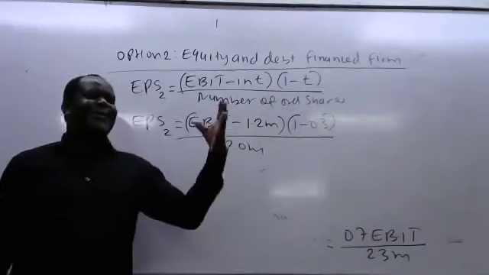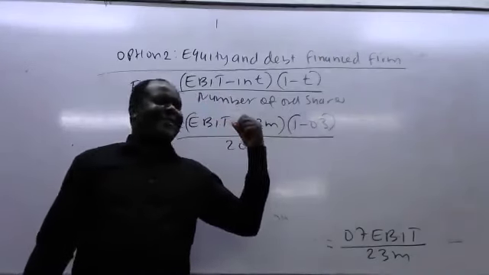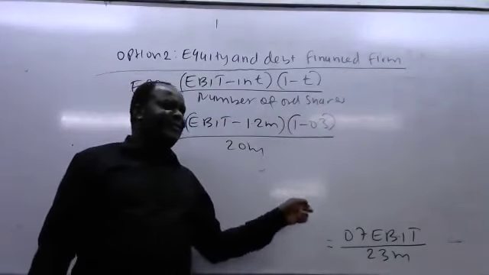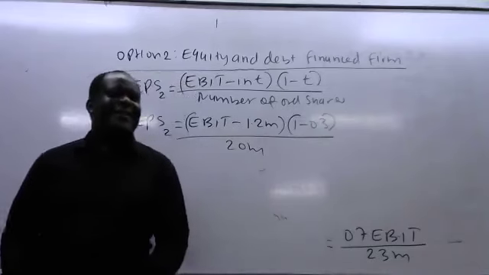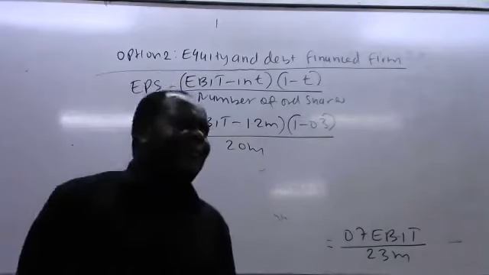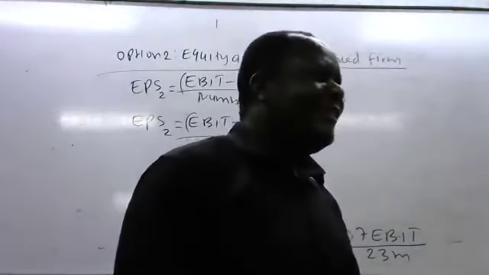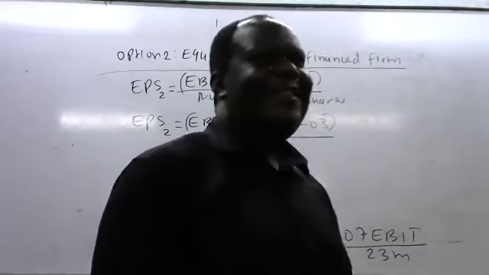You borrowed how much? You took 120,000 multiplied by 100. We borrowed how much? 1.2. And what was the interest? The interest was how much?